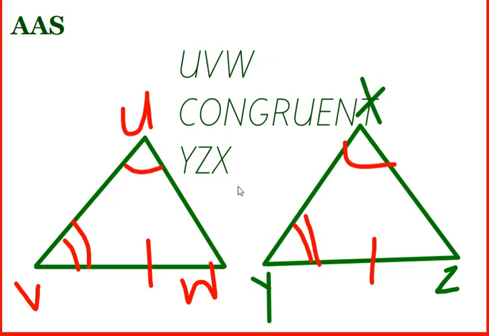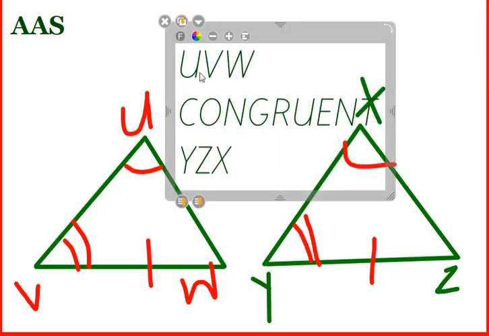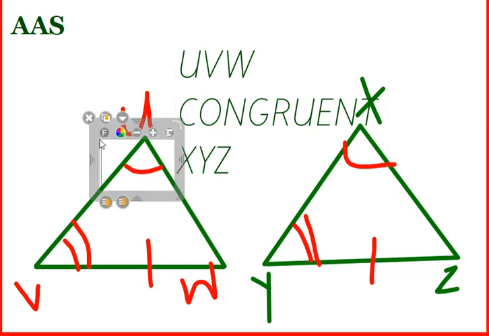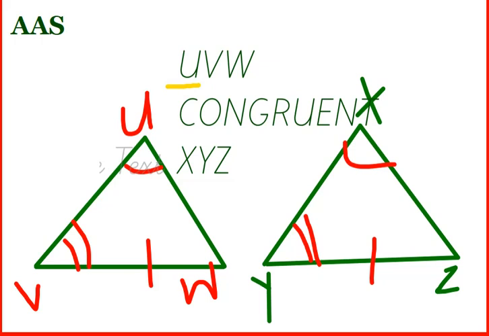So you have to label it in such a way that the first letter of the triangle is corresponding with the first letter of the other triangle. So if you were to say triangle UVW is congruent to triangle XYZ. Why do we say so? Because look at the angle U and look at the angle X. Let me underline that for you to see. They are corresponding, right?